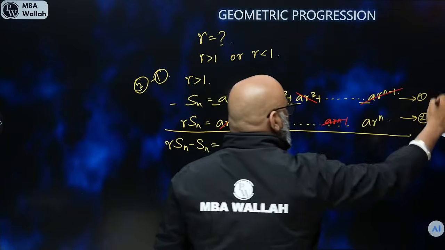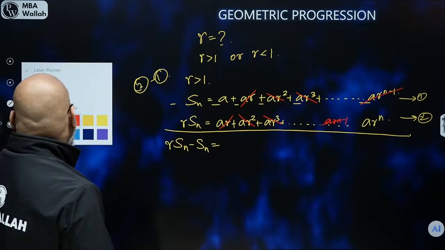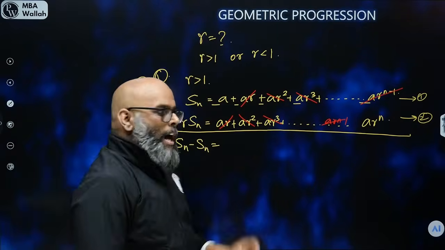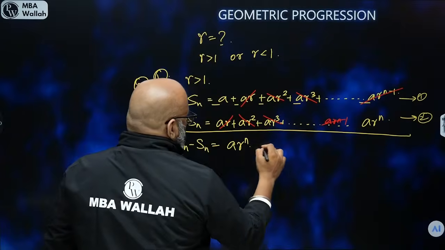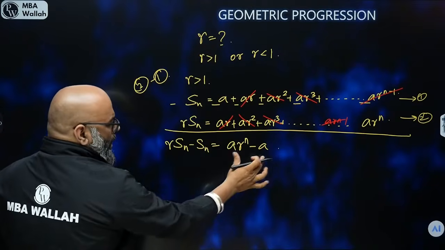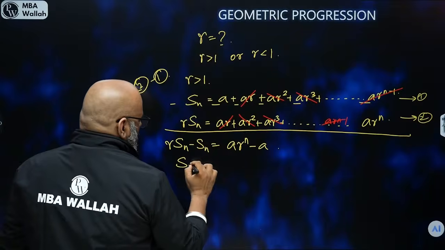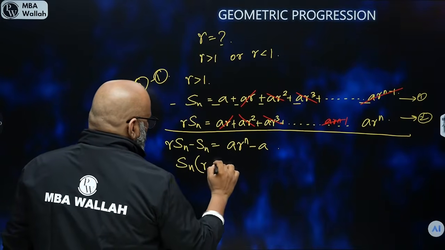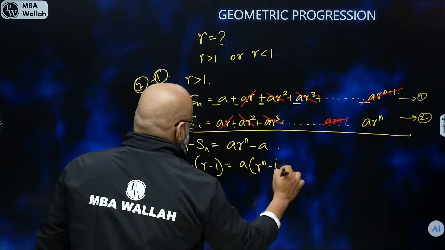That and this will get cancelled. What will you be left with? We will be left with this AR power n and this minus A. I want to take A common here. I want to take Sn common here. Sn into R minus 1 is equal to A into R power n minus 1.